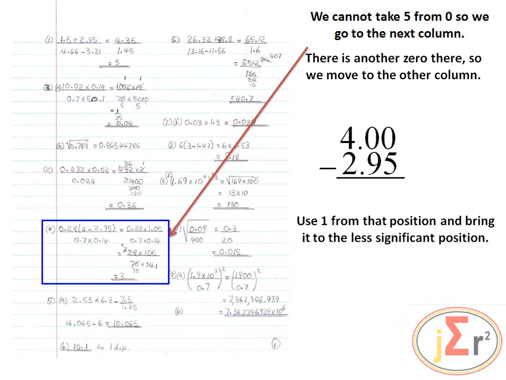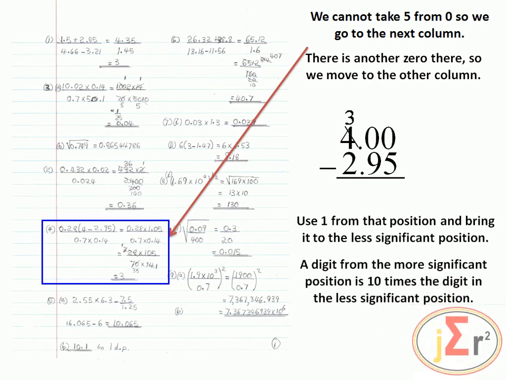Use 1 from that position and bring it to the less significant position. So use 1 from here, we will have 3 left, to the less significant position. So a digit from the more significant position is 10 times the digit in the less significant position.